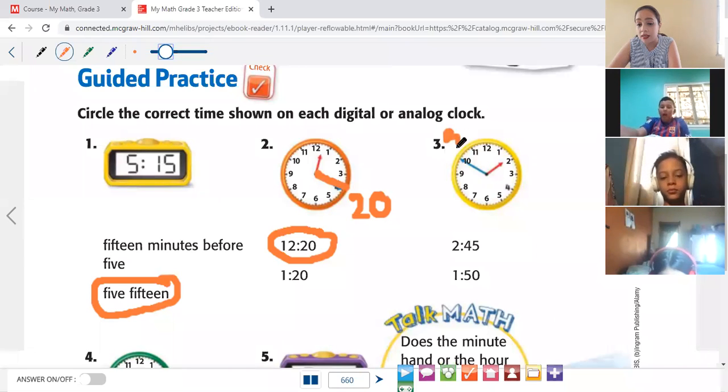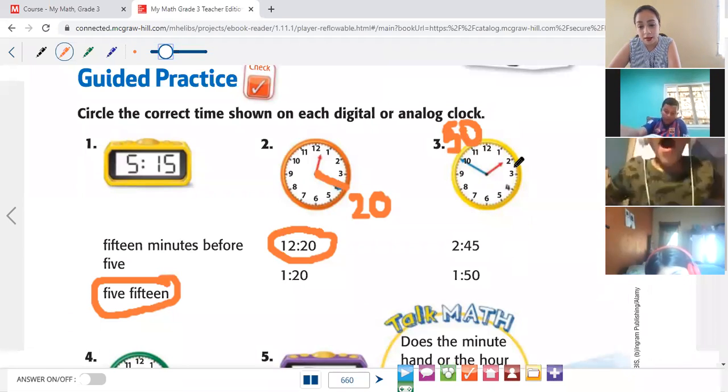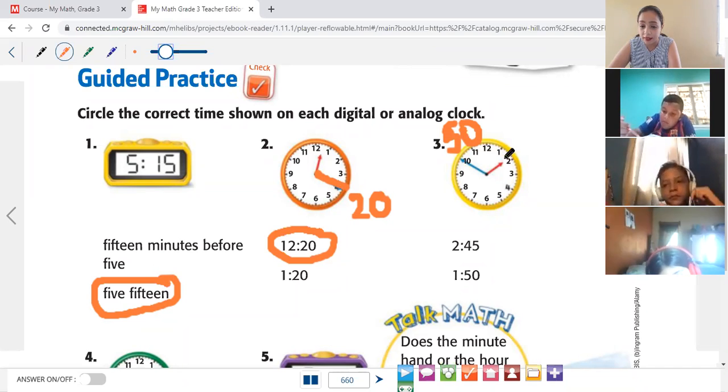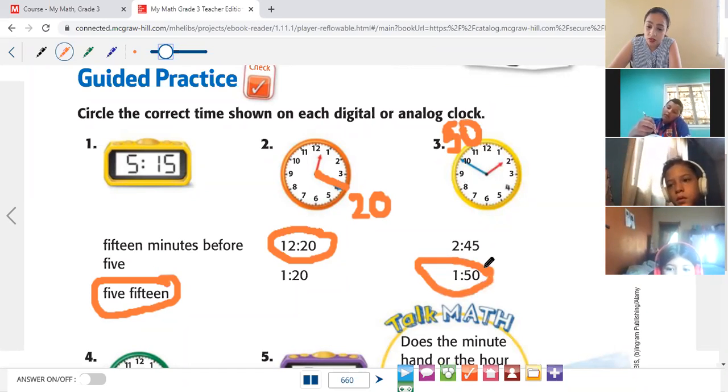How many minutes have passed? 50, okay? So we already know the minutes. Now, where is the short hand? It's near the number 2, so it's going to be 2 o'clock. So the answer is 1:50.